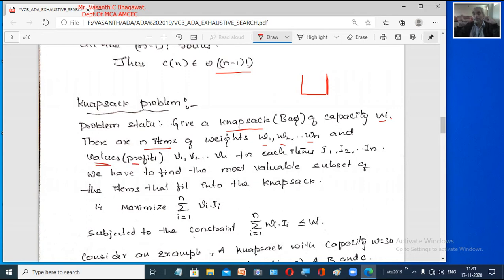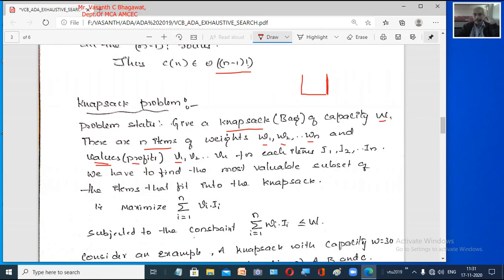If he steals that item from the home, that item has got some weight, plus if he sells that item outside in the black market, how much profit is he going to get? So for this particular item 1 whose weight is W1, the profit is V1, right? So the value or profit is given. For the second item whose weight is W2, what is the profit he is going to make?